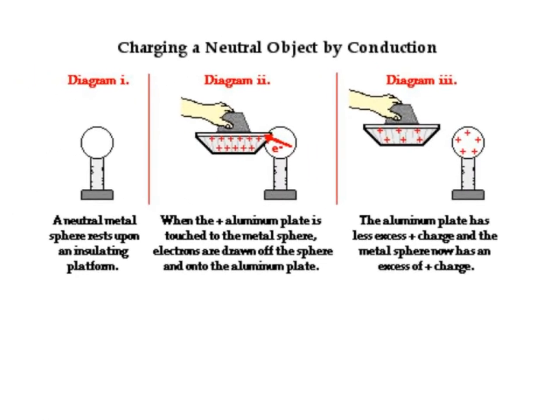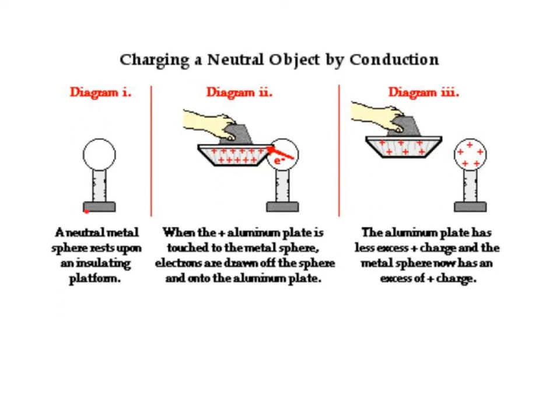We have a neutral object over here, and we bring a positive object close to it. If we have a positive object and a neutral object, then this neutral object is more negative than the positive object. So the electrons are going to want to escape out of this object and into the positive object. And that's exactly what they do.